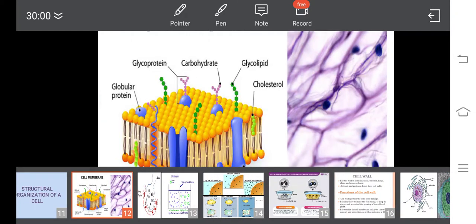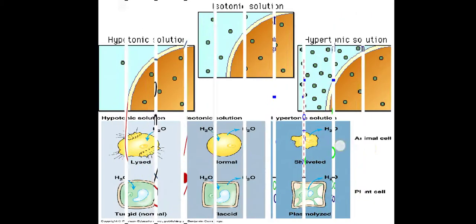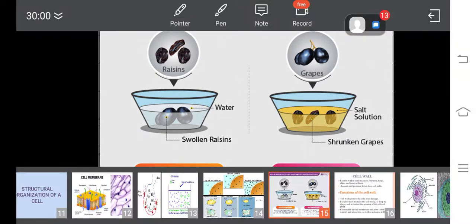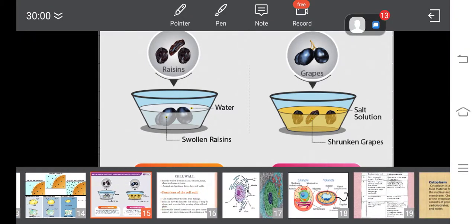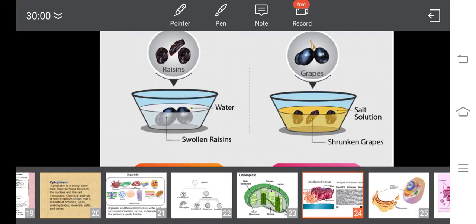The substances needed to form the membrane are glycoproteins. Glyco means carbohydrate, protein means protein. When a carbohydrate attaches to a protein, how do they combine? With the help of the Golgi complex. The Golgi complex helps in the combination of carbohydrates and proteins as well as carbohydrates and lipids.